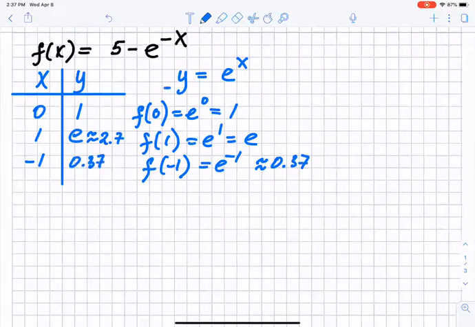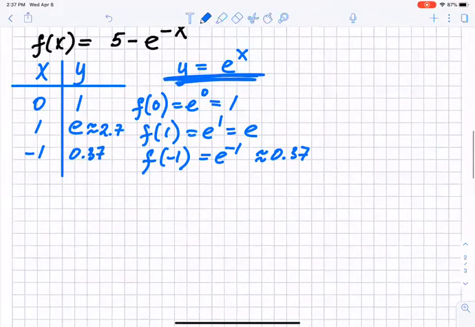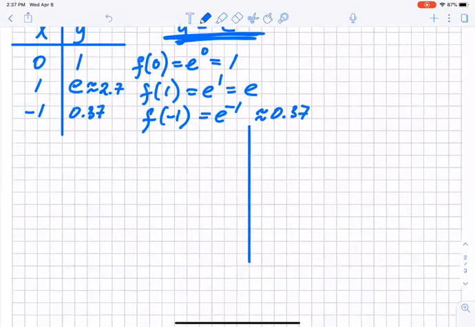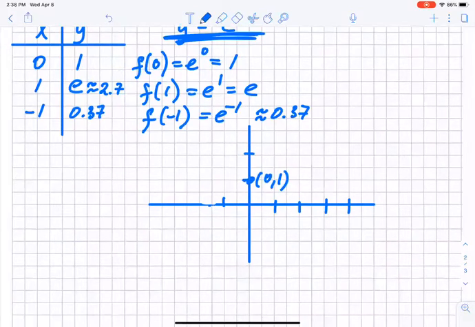Let's graph this original one, e to the x. We have 0 and 1 here. Then we have 1 and e, which is going to be 2.7 something, so it's going to be here.